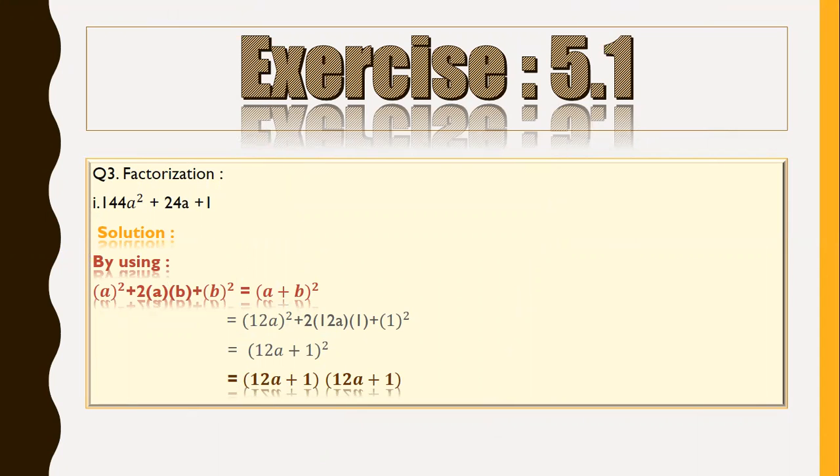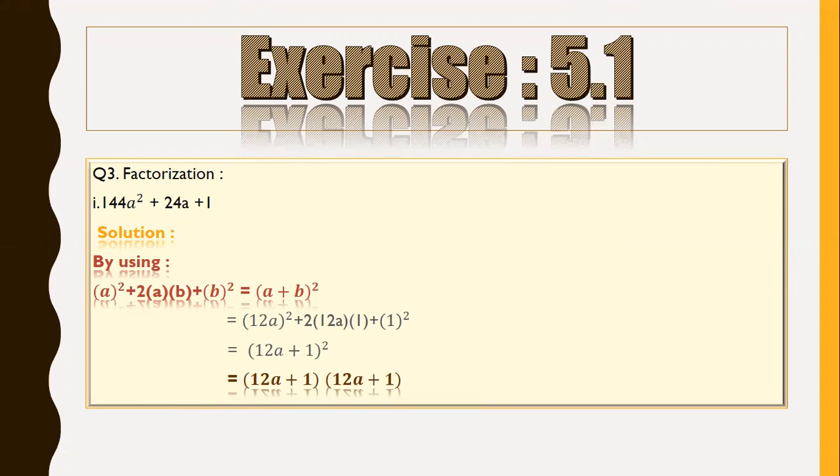Do you remember that when we are simplifying the terms of this type of question, first we see what the first term is. The first term is the square of which number, and also the last term is the square of which number, and then we take the half of that number and we can convert it into the form of a square plus 2ab plus b square, which is equal to a plus b whole square.